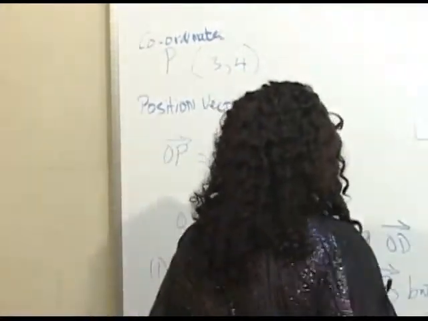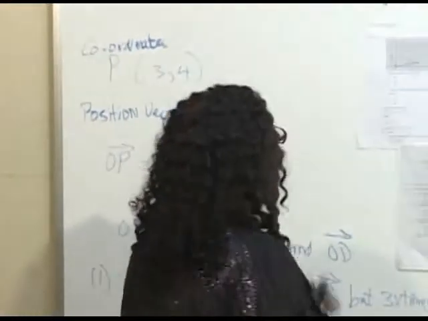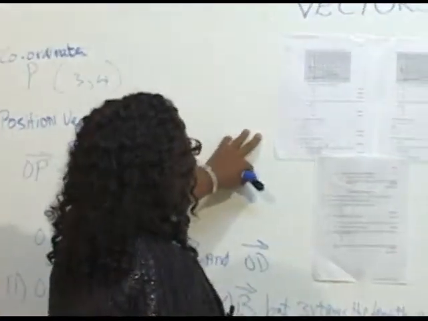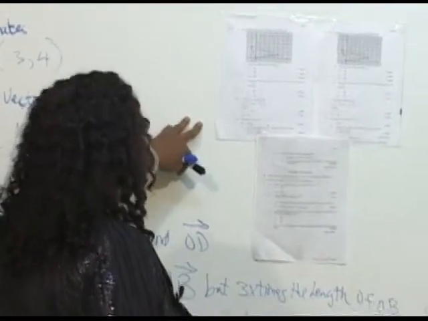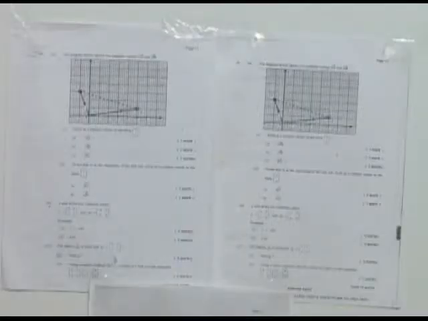Okay, so we will start, and this I believe came from the 2010 CXC past paper. The question says the diagram, and I've given you two so that you can check and see, magnifying it, that they're the same questions, but just to make certain I'm emphasizing what the diagram looks like. And it's maybe a good thing because you get an idea of how it comes on the examination paper. Let us walk you through that.